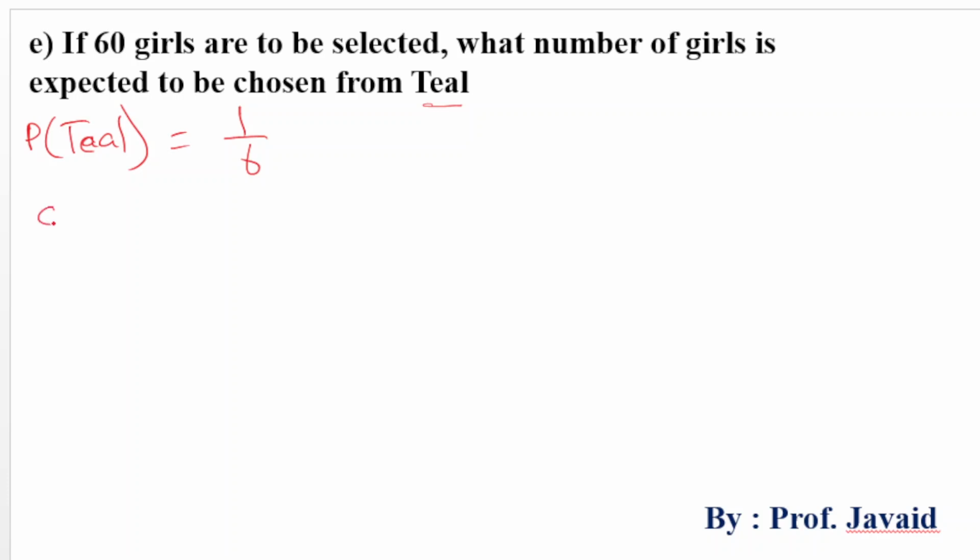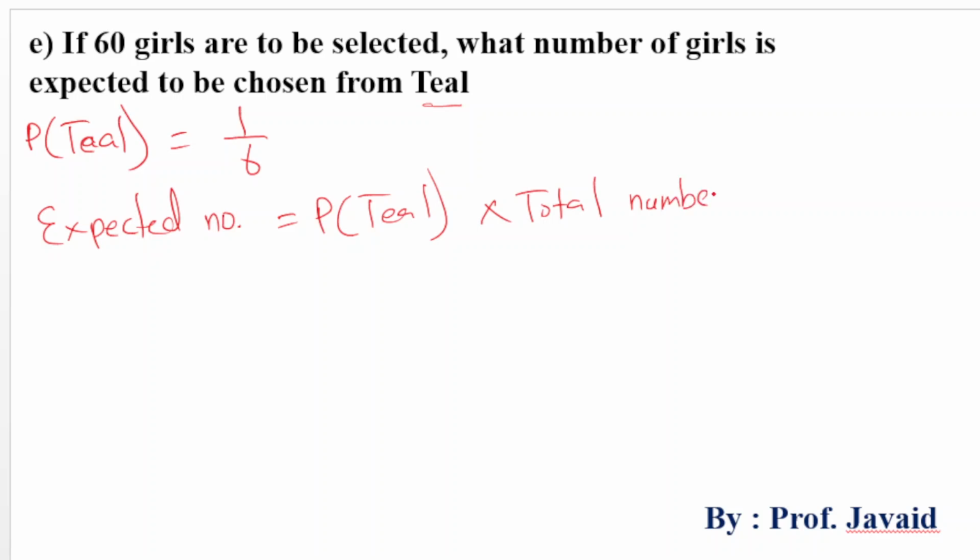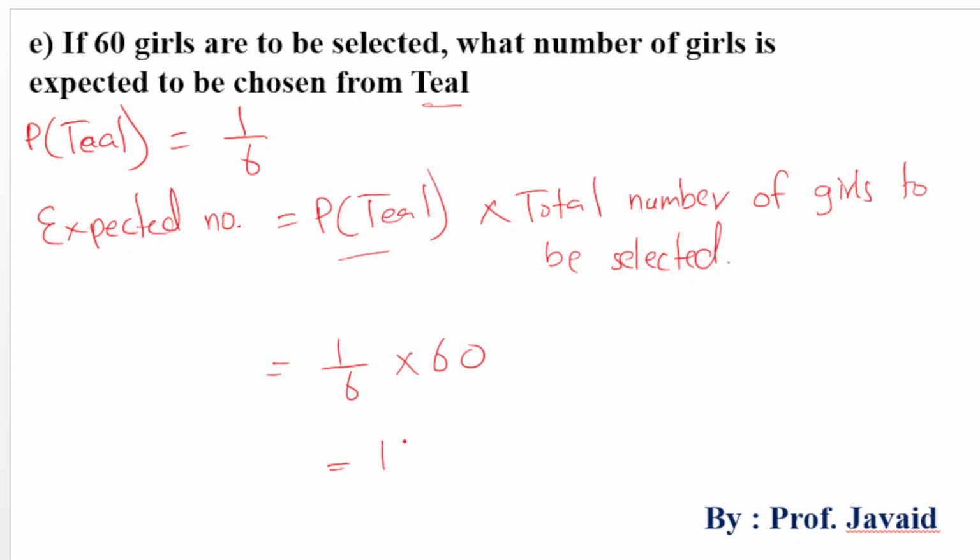So the expected number is equal to the probability of Tail times the total number of girls to be selected. So 1 by 6 times 60, so that will be 10.